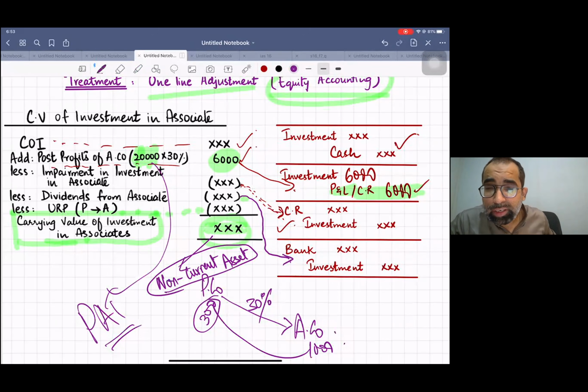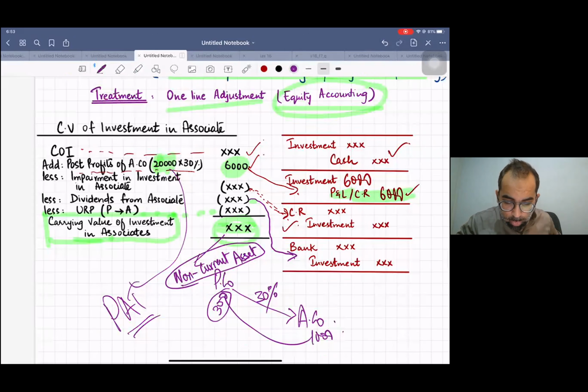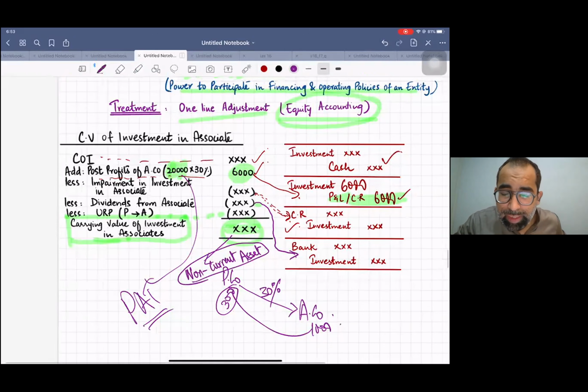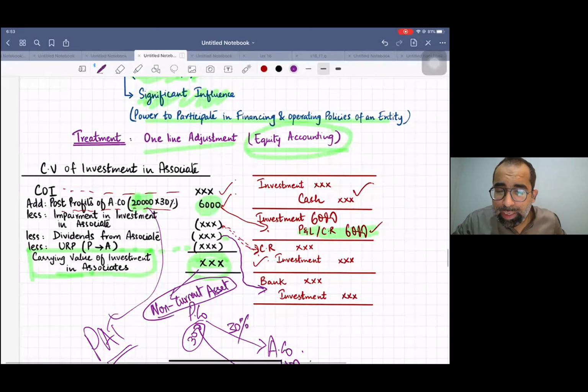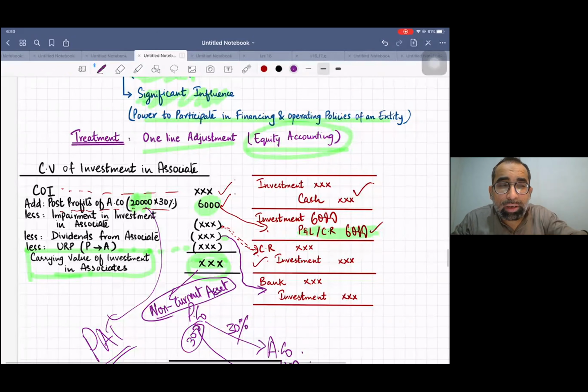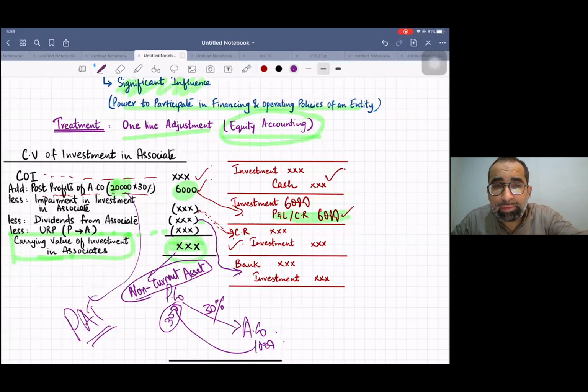And one more important thing, this whole equity accounting is for consolidated books, not individual books of P company. Don't forget this. Okay. Please check it out.